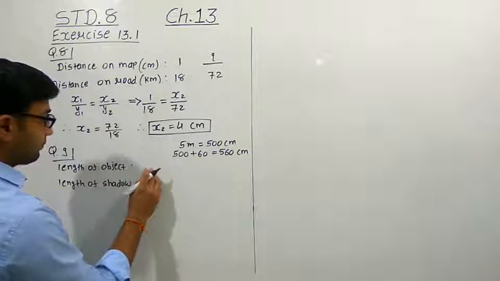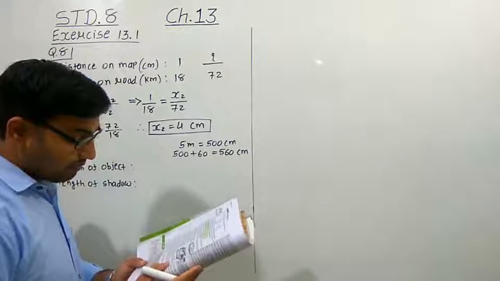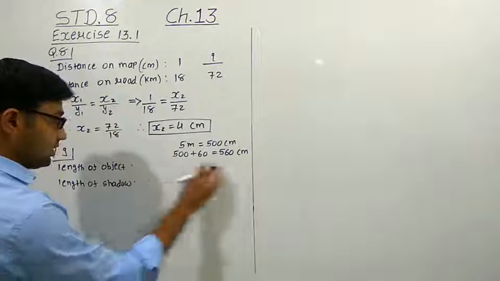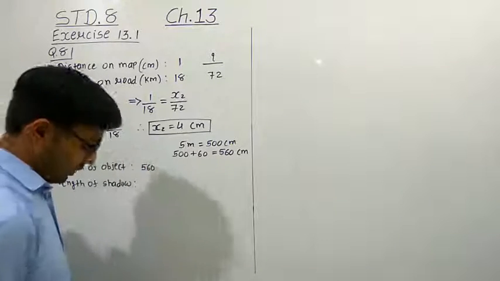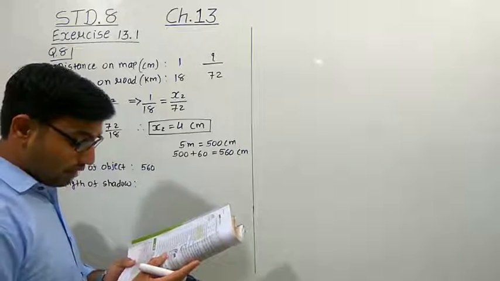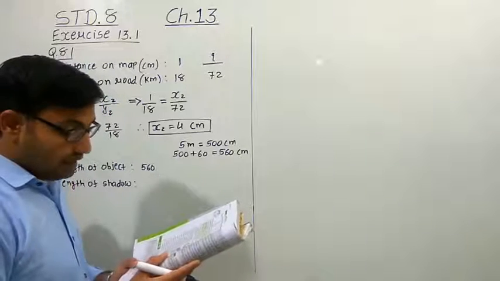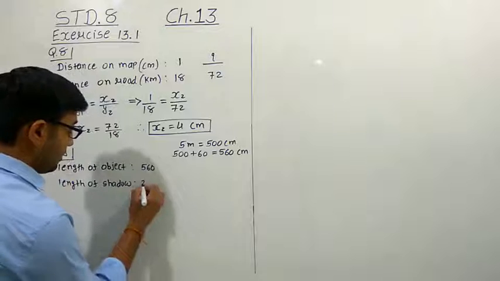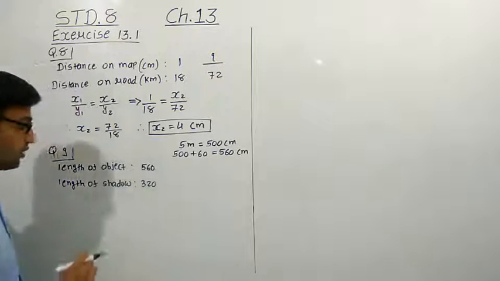So the length of the object is in centimeter, and the shadow will also be in centimeter. The length of the object is 560. The vertical pole casts a shadow of 3 meter and 20 centimeter long. Now this 3 meter and 20 centimeter we can write as 320. Right? It is also converted into centimeter.